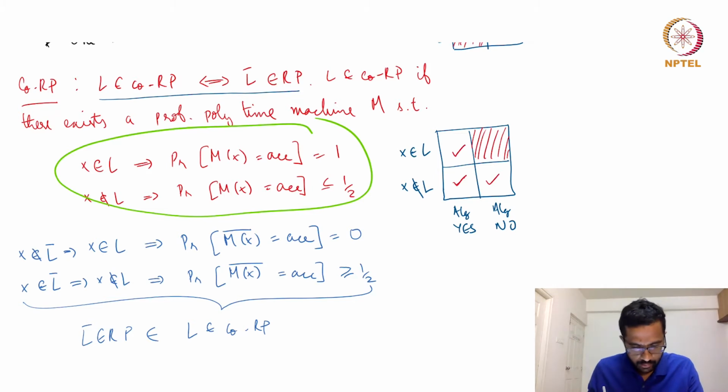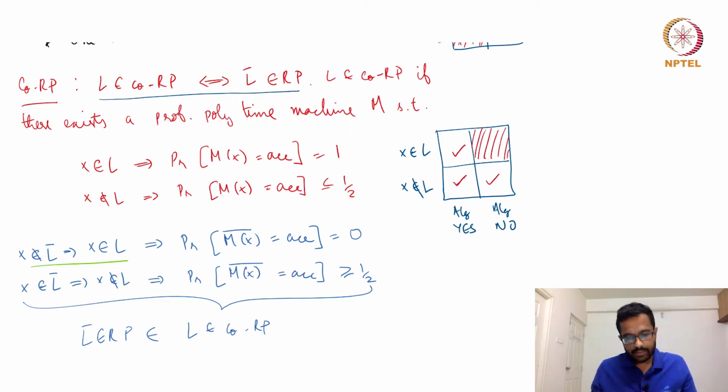Suppose X is in L, then we can say that X is not in L complement, that is the same thing. If X is not in L complement, X is in L. In that case, the probability of M accepting X is 1, right?